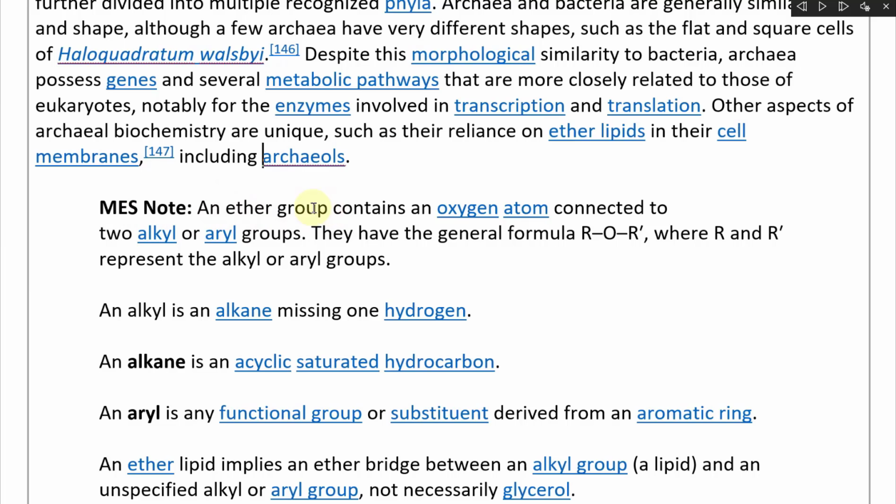So, a note: an ether group contains an oxygen atom connected to two alkyl or aryl groups. They have the general formula R-O-R', where R and R' represent the alkyl or aryl groups. And remember, an alkyl is an alkane missing one hydrogen, and an alkane is an acyclic saturated hydrocarbon, so not a cyclic one.